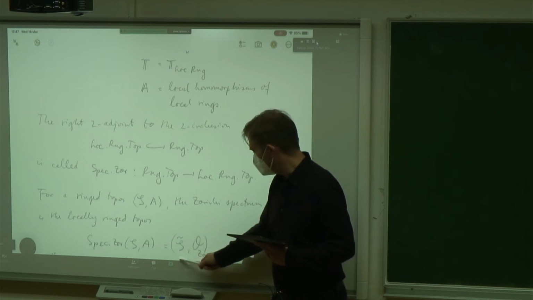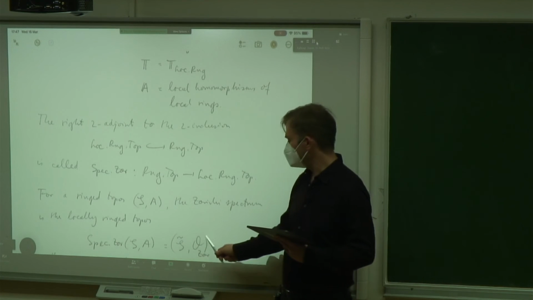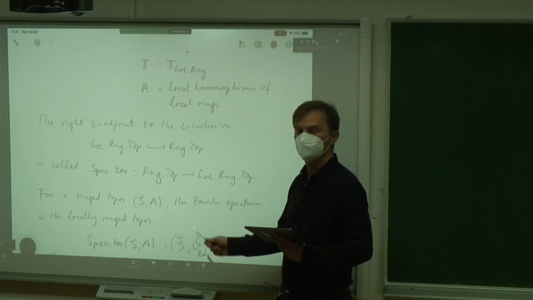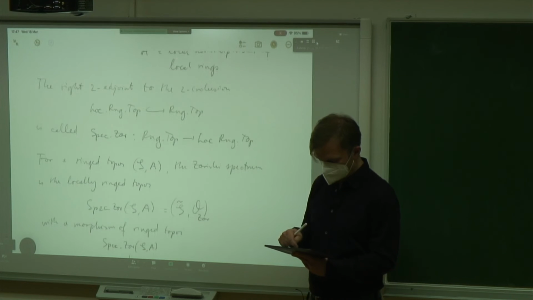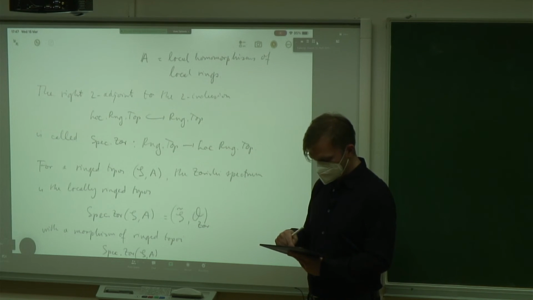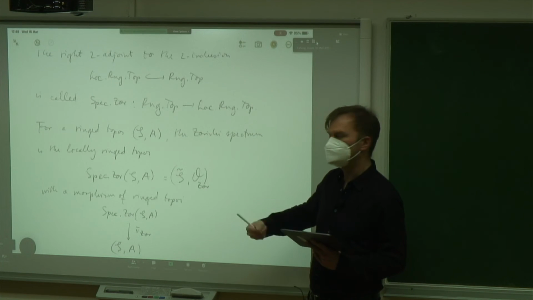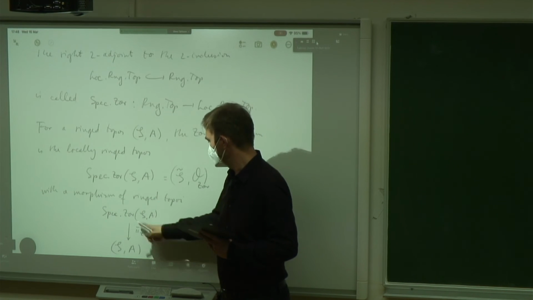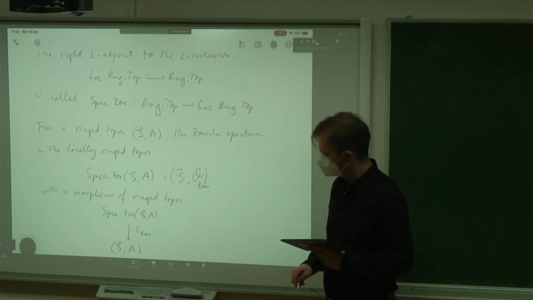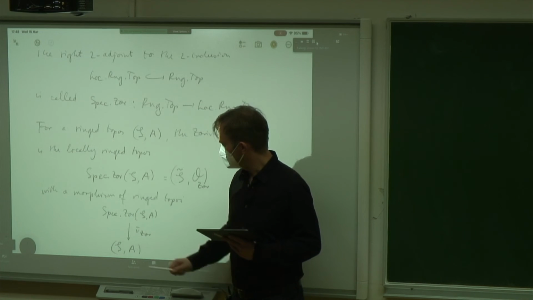So it's going to be a topos, let's say S tilde, with a ring object which happens to be a local ring. Now what's quite essential is that you have to remember its structure morphism back into the original ringed topos, and I'm going to call it pi ZAR because this is somehow the Zariski topology we're talking about.